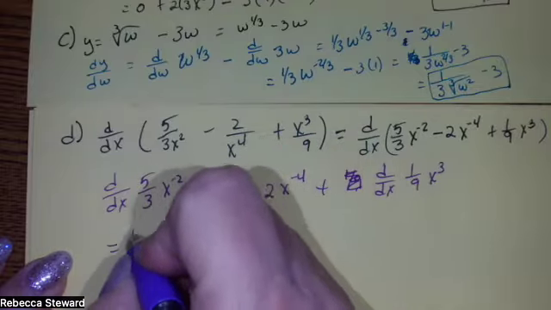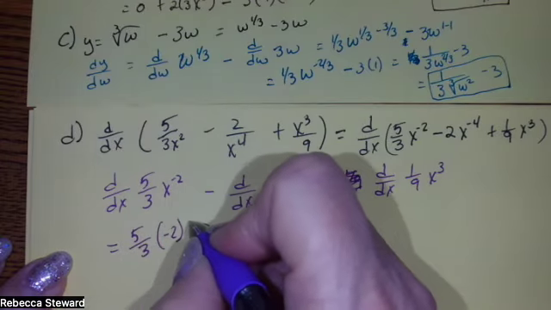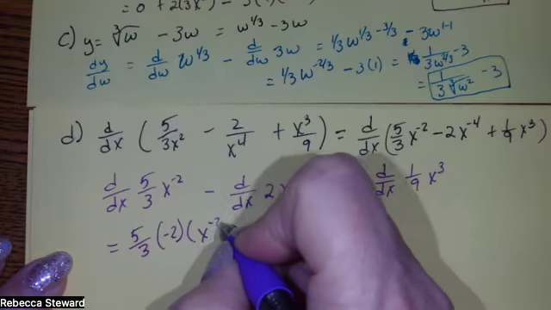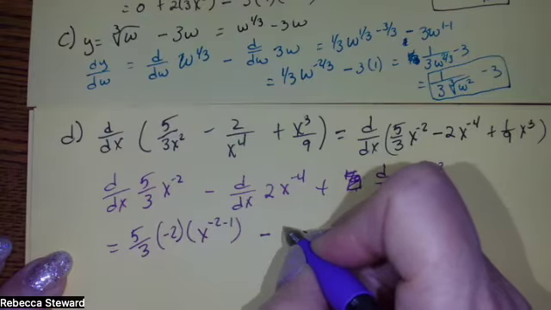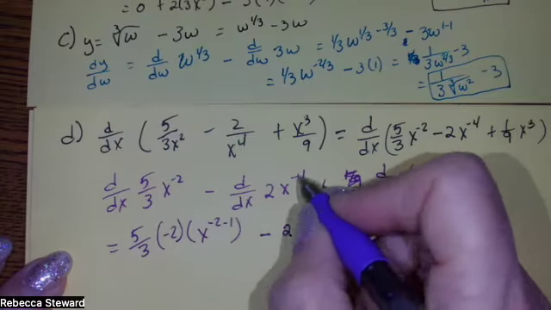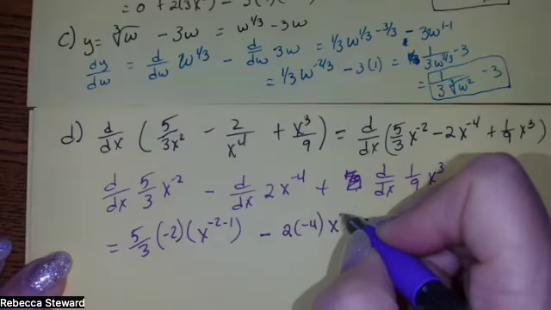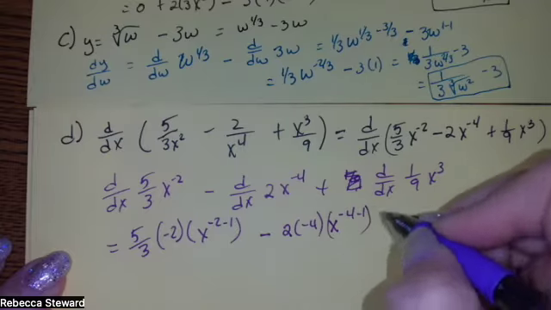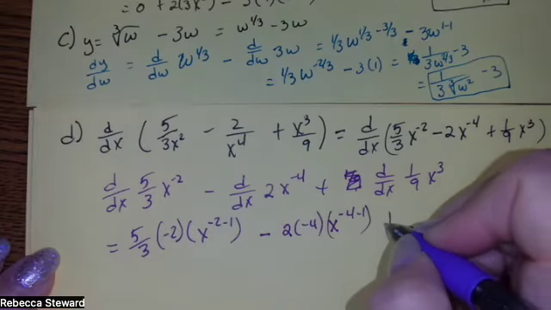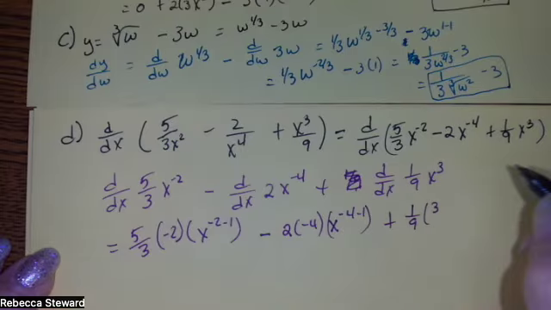We're going to have our 5/3 times the negative 2 times our x to the negative 2 minus 1, minus 2 times our negative 4 times x to the negative 4 minus 1, plus 1/9 times 3.